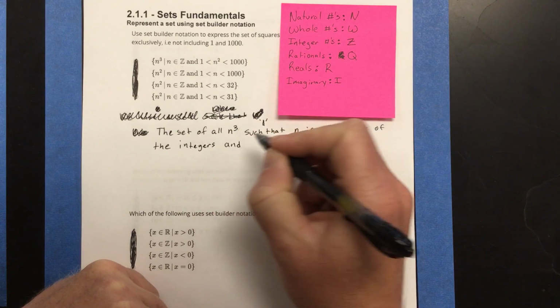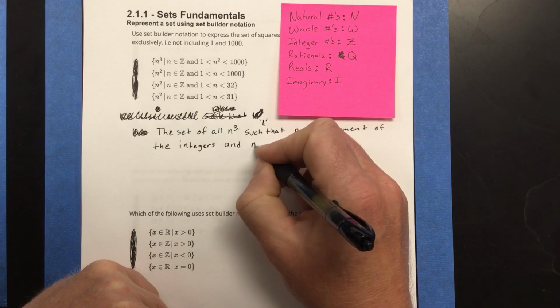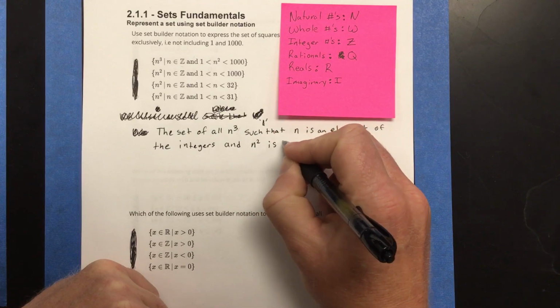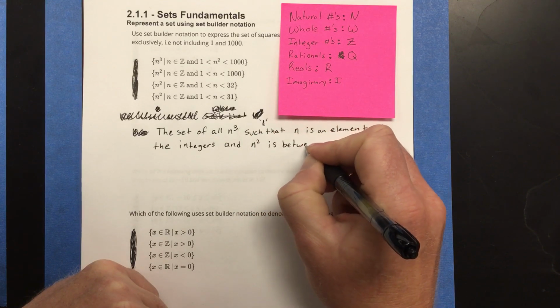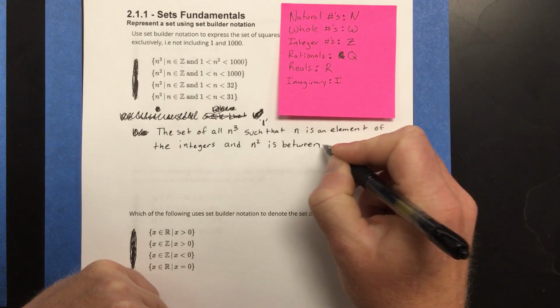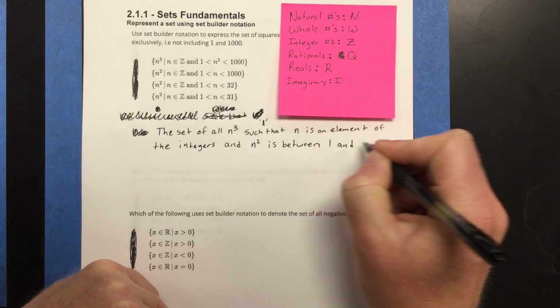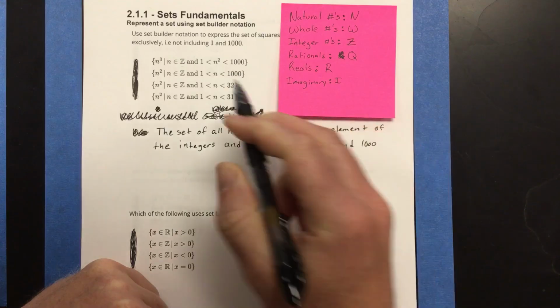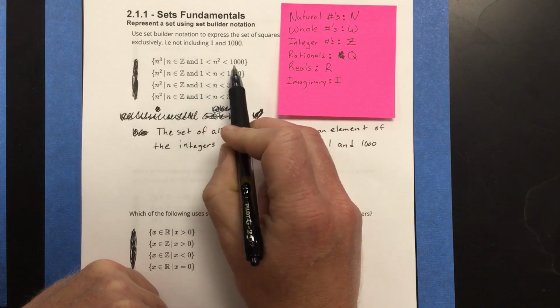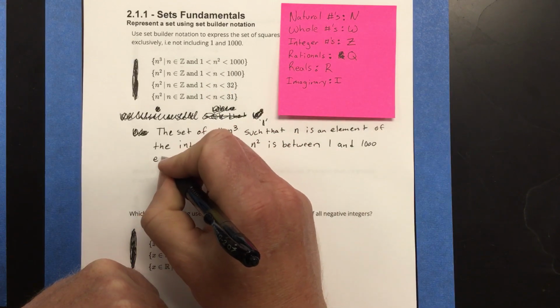and n squared is between 1 and 1,000, and because it says greater than 1 and less than 1,000, we can say that that's exclusively.